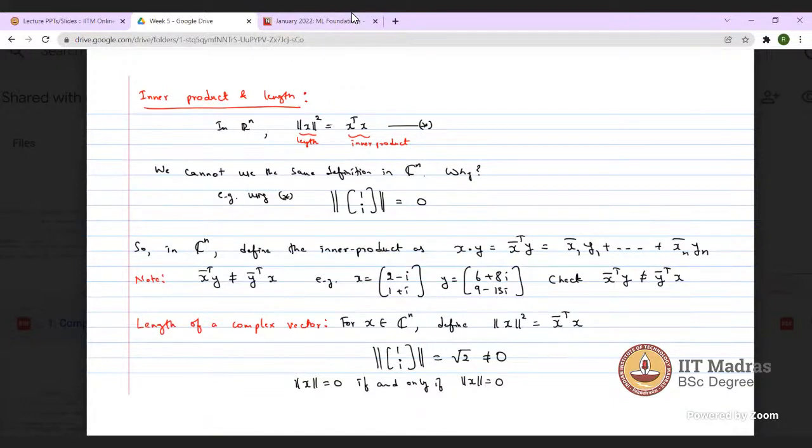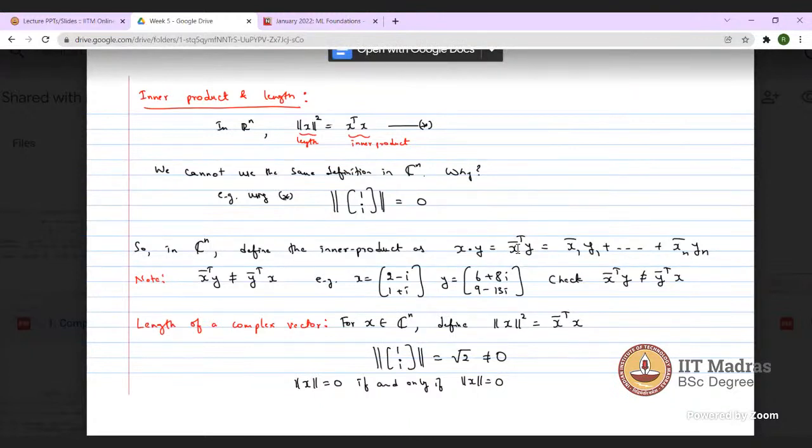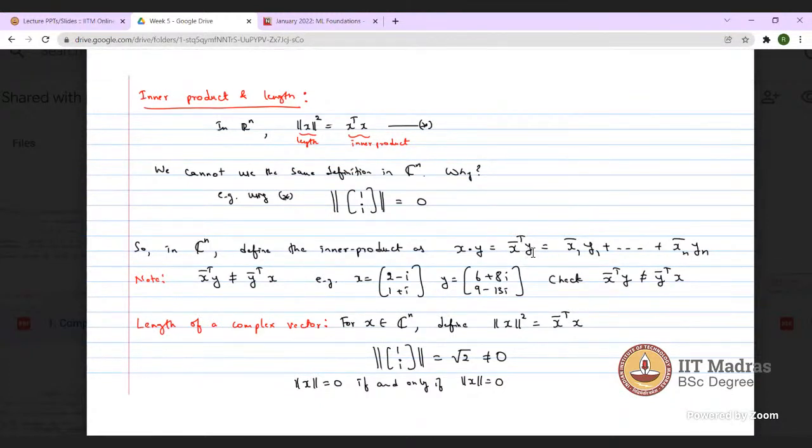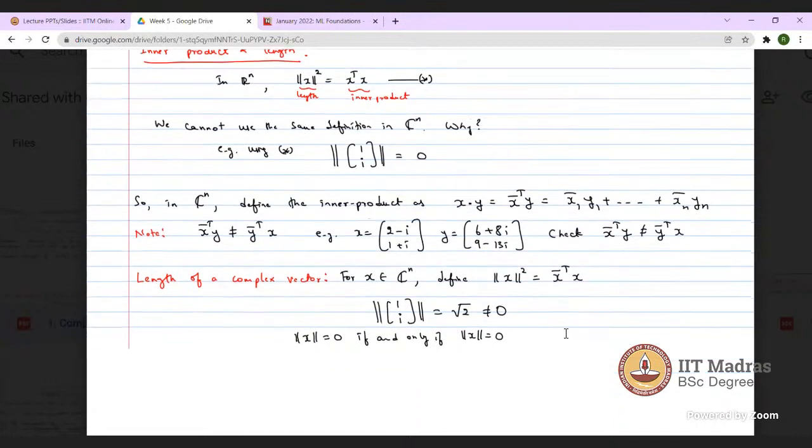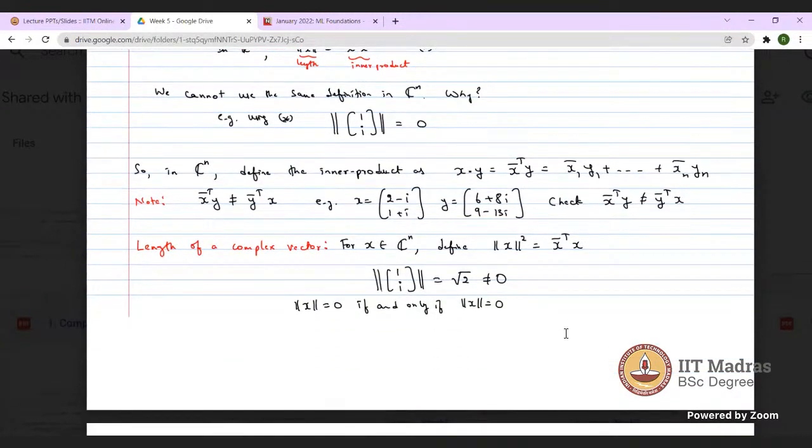Now it will become 1 by n, so that when we multiply the conjugate transpose with y, we'll get a single dimension, a single dimension complex number.